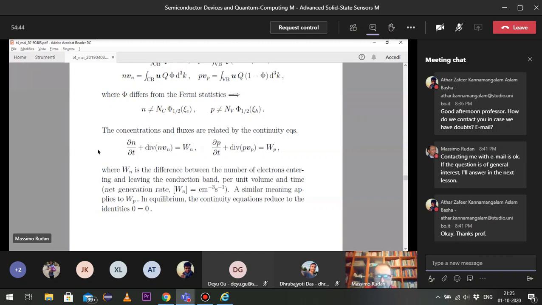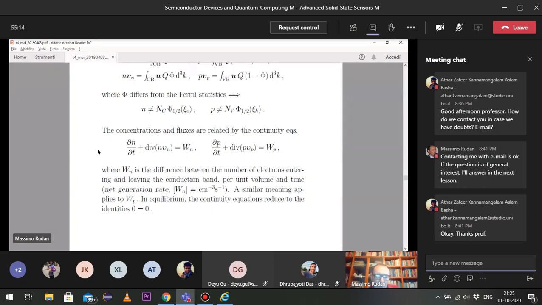Of course, when we are in the equilibrium condition, there is no dependence on time, so dn over dt is 0 and dp over dt is 0. The average velocities also are 0, so there is no flux of particles, so automatically Wn and Wp are 0 at equilibrium.